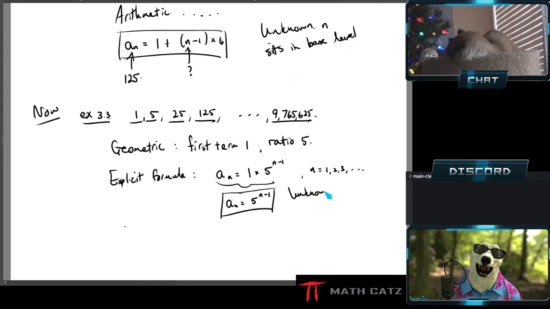Here, the unknown is still n because I'm going to plug in 9765625, just like I did the 125. Ask what is n? The unknown n sits in the exponent level. This is an exponential equation, versus let's call it a normal equation. Different kind of equation, which means solving is going to be drastically different. Luckily for us, we keep things fairly contained in terms of difficulty, so we have some choices.